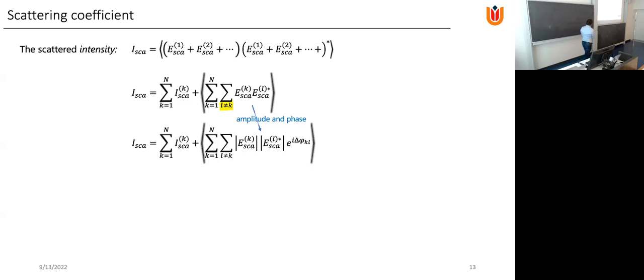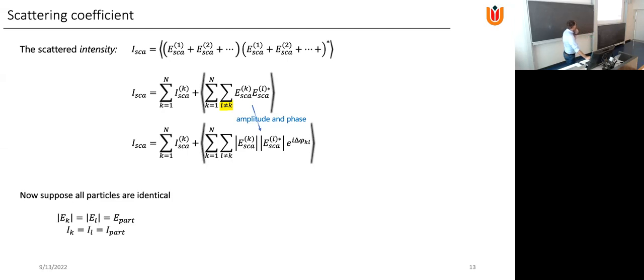So now focusing on what's in those subterms again, we can write that in terms of amplitudes and phases. So we have the scattered amplitude of the k particle multiplied with the amplitude of the alpha particle, and there's a phase difference between the k and the alpha particle in there as well.